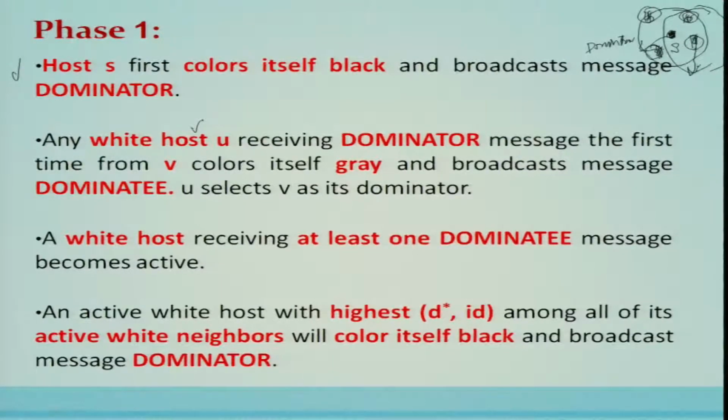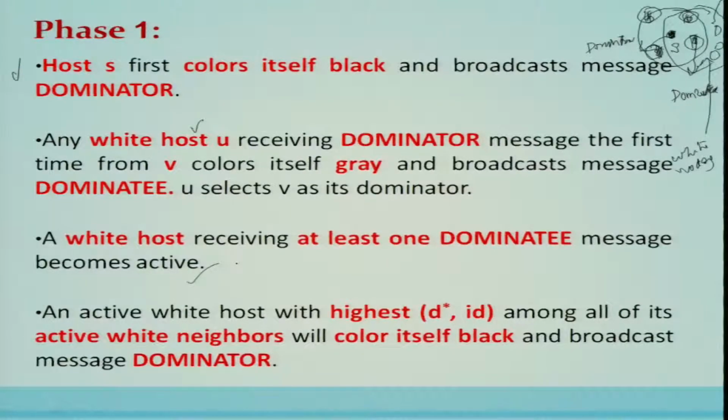Then this message will go towards outside the range of this node S. The white node receiving at least one dominatee message becomes active. So this is the range where the white nodes are. When they receive this dominatee message, they will become active.